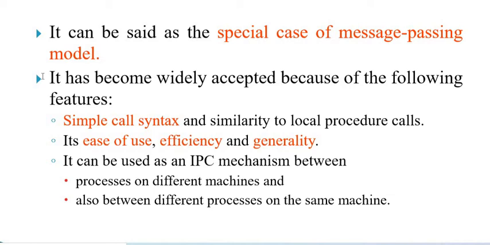This property is used to support compile time type checking and automated interface generation. Its ease of use. The clean and simple semantics of a procedure call makes it easier to build distributed computations and to get them right.